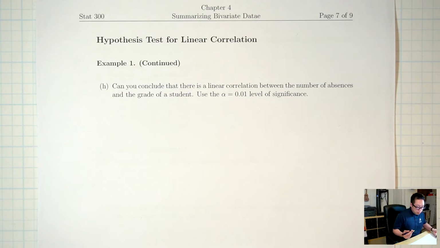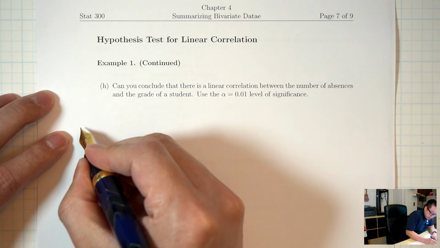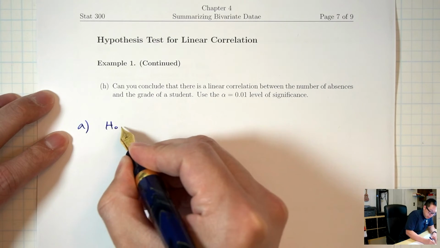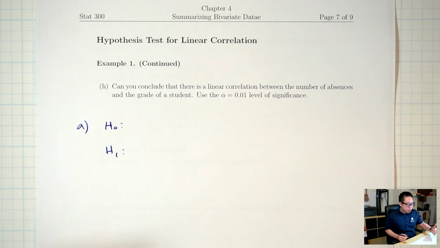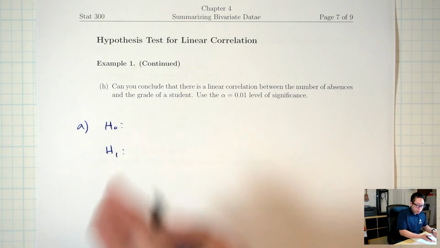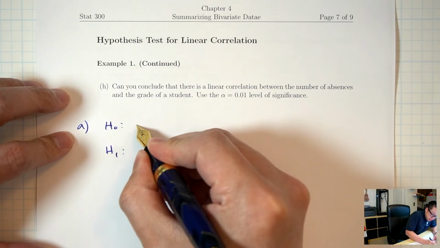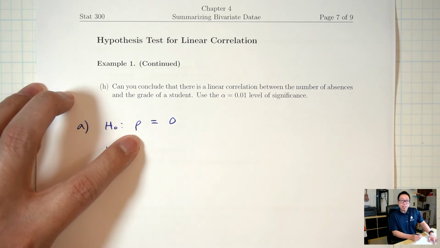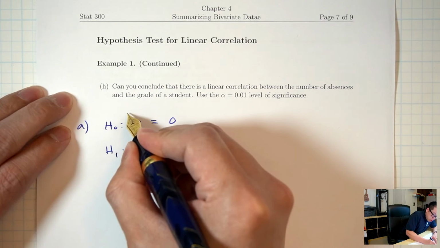So in our typical hypothesis test, we had like 6 parts. Part A is the null and alternative hypotheses. The H0 and H1 for a hypothesis test for linear correlation: the H0 is going to say rho equals 0. That symbol looks like a P, but it's not a P, it's a Greek letter rho.